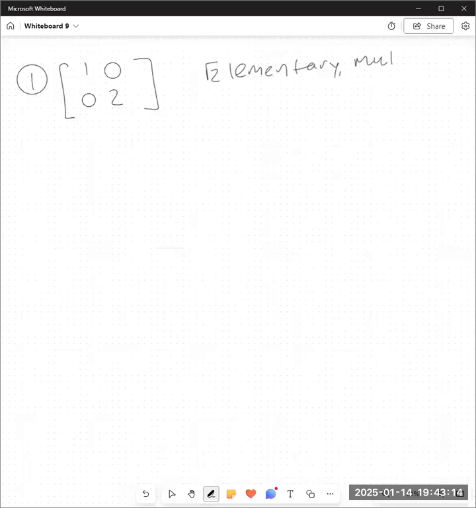I'm just going to say 2R2 to produce a new R2. Multiply row 2 by the constant 2, right?